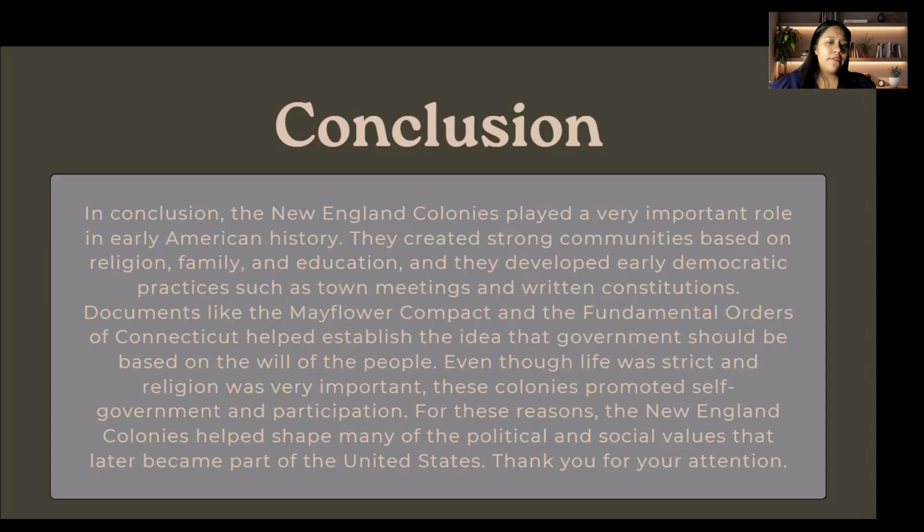They also developed early democratic practices like town meetings, written constitutions, and the idea that government should be based on the will of the people. Documents like the Mayflower Compact and the Fundamental Orders of Connecticut helped introduce key ideas such as majority rule, self-government, and political power coming from the people. Because of this, the New England colonies helped build the foundation for democracy in the United States.